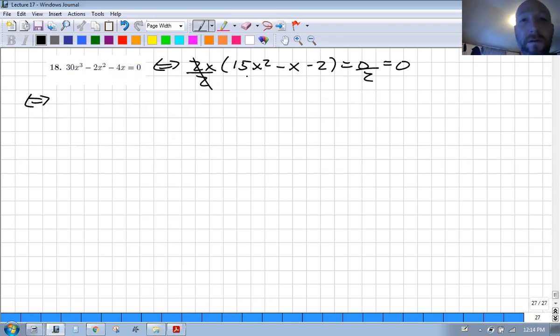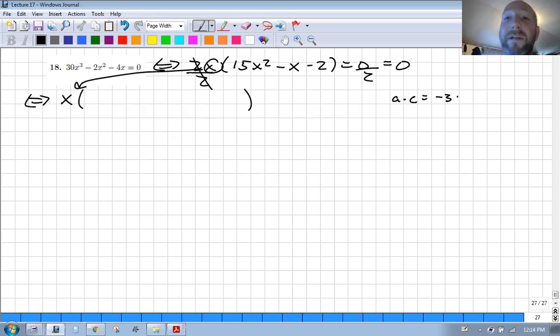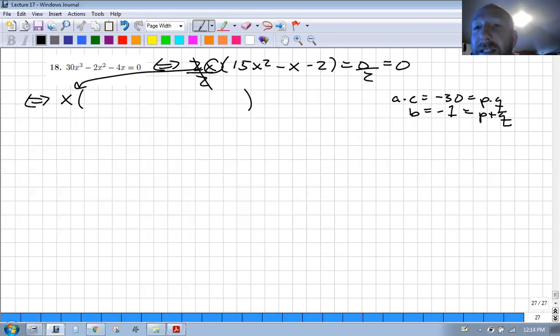So looking at this, I need to factor that. Okay, I still got this x though, so I don't want to forget about it. So if I do a times c is negative 30, and b is a negative 1. All right, two numbers that multiply to give me negative 30 but add to be a negative 1. 6 times 5, right?